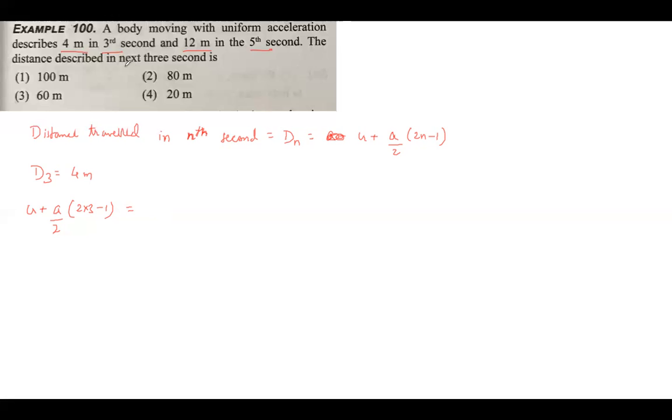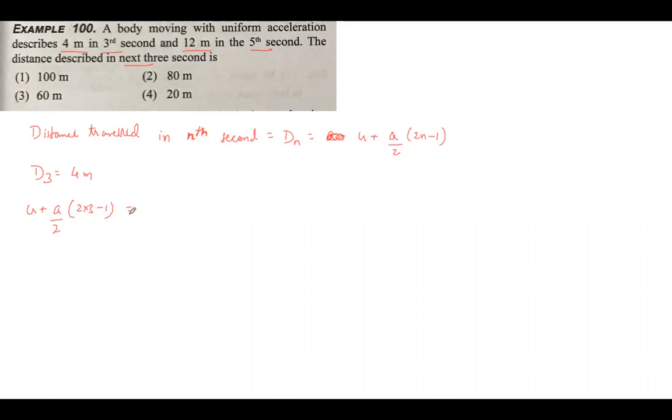Distance traveled in next 3 seconds means 5th second to 8th second you have to find. I think you have found the distance traveled in whole 8 seconds. You have to subtract from it the distance traveled in first 5 seconds. Option A is also not the right answer.